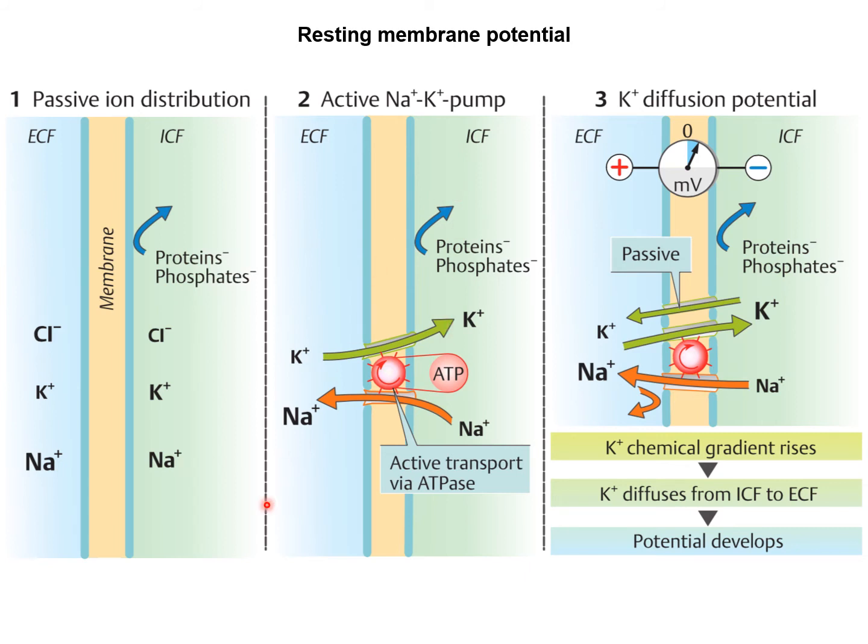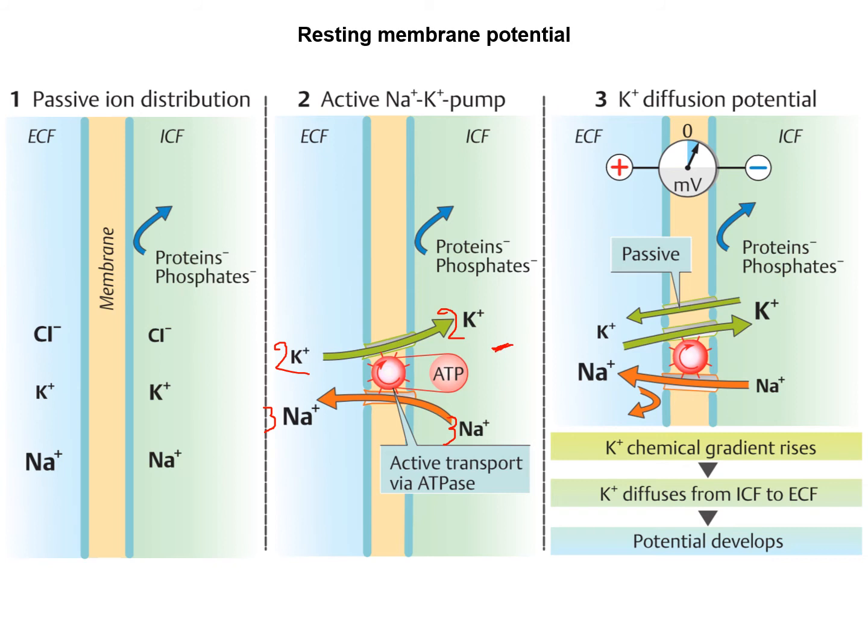Why? Because it pumps 2 potassiums to the inside, while it pumps 3 sodiums to the outside. So if I remove 3 positive charges and I enter 2 positive charges, that means we're going to have a deficit here, 1 negative charge.